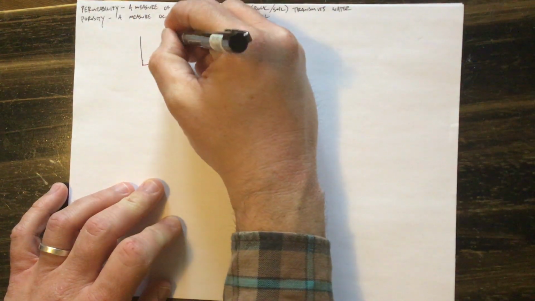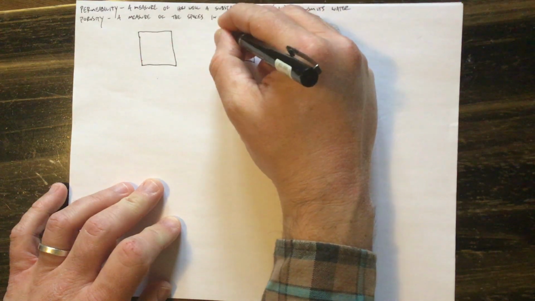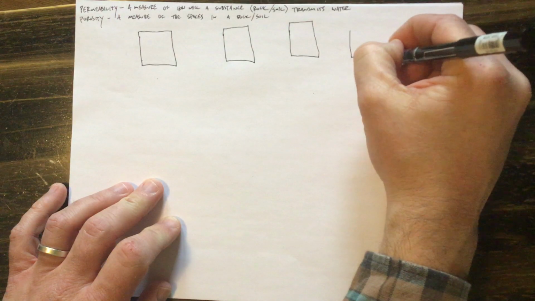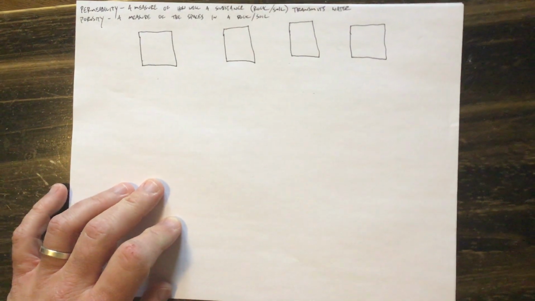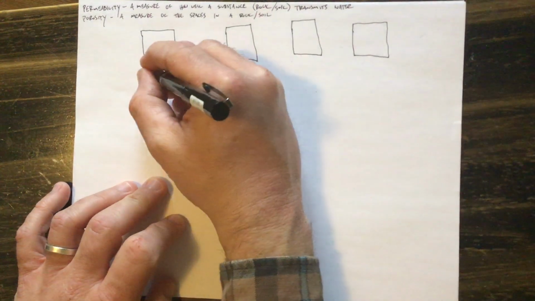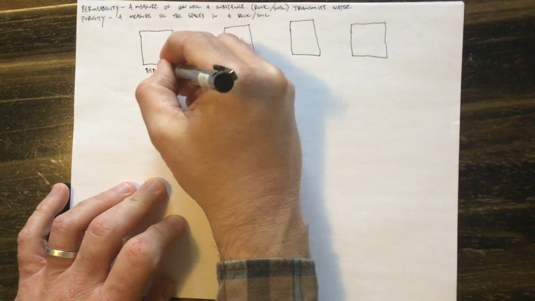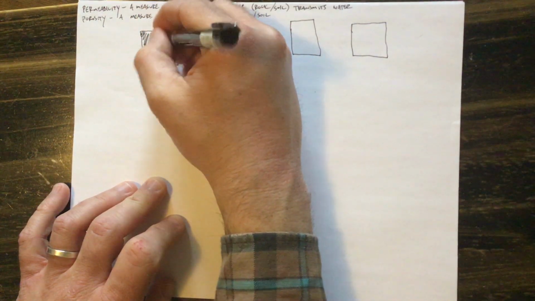And I'm going to draw 4 boxes. Each box is going to represent a rock or a soil sample or a sediment. And the first one is going to be bedrock. Bedrock is solid rock, so I'm just going to shade the whole thing in, kind of scribble.